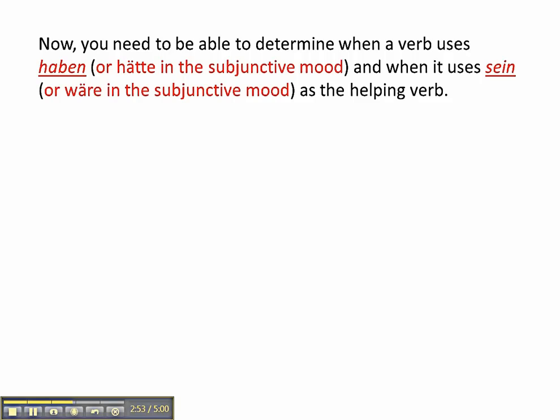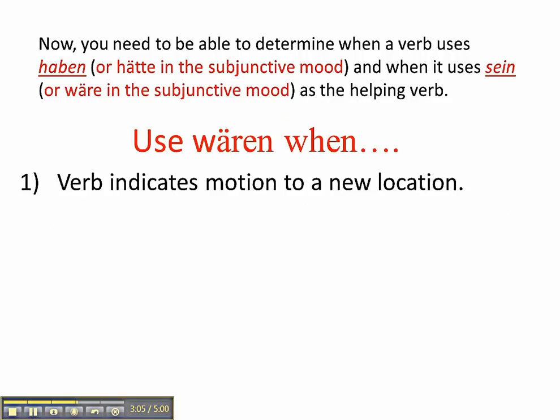So now you want to be able to determine when do you use haben as a helping verb and when do you use sein, or in the subjunctive mood, when do you use hätten, when do you use wären. So you use wären just like you would use sein when the verb indicates motion to a new location, and this has to be pretty clear. Verbs such as fahren or gehen or fliegen.